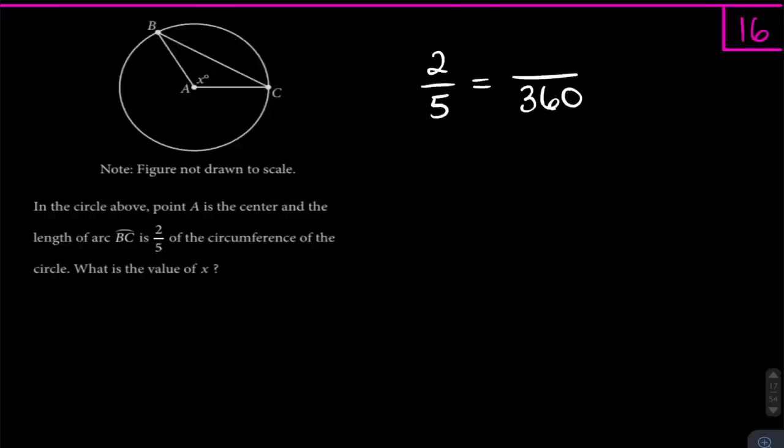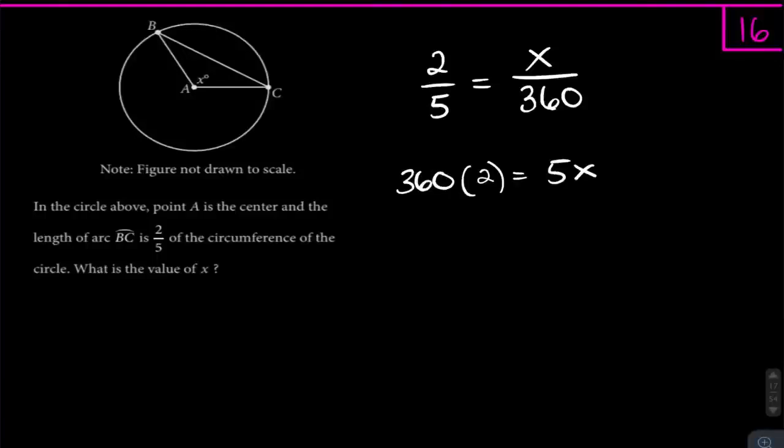So this is the angle that we're trying to find. This is angle x, the angle of the arc that has been traced out. So that's x. Then we just cross multiply, we get 360 times 2 equals 5x.